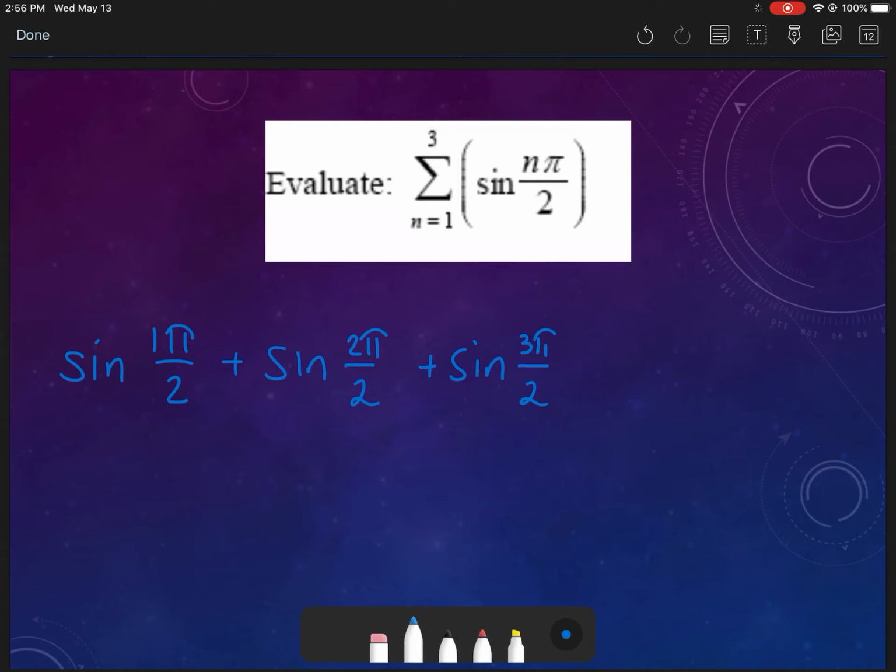Okay. Sine. And make sure when you're plugging it in, you are using parentheses around pi over 2. Okay, so sine and then parentheses pi divided by 2.